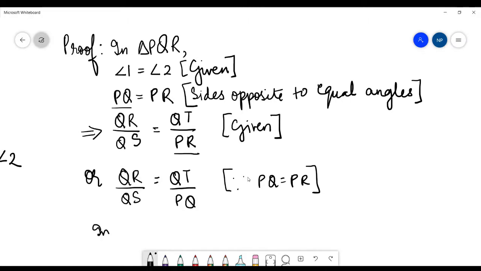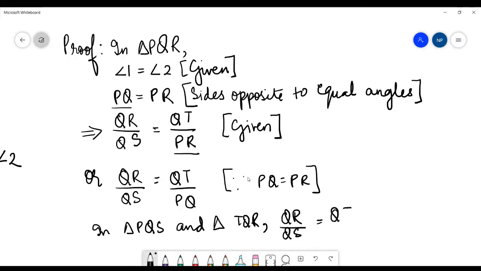So now we have in triangle PQS and triangle TQR, we have proved that QR upon QS is equal to QT upon PQ.